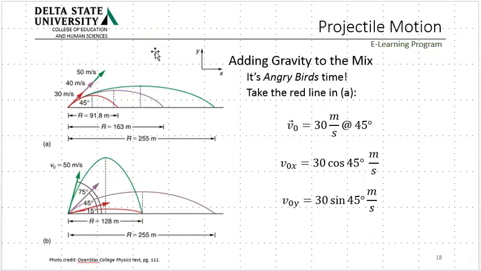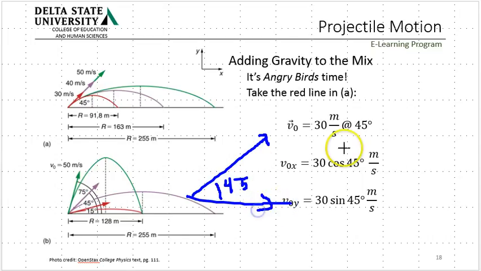So when we look at this, and we have an initial velocity that we are given in terms of a magnitude and a direction, how does that break out? Well, we're given the magnitude, 30 meters per second. We're given the direction at 45 degrees. That means the x component, if we were to draw our velocity at 45 degrees, is the cosine of 45 degrees times 30.